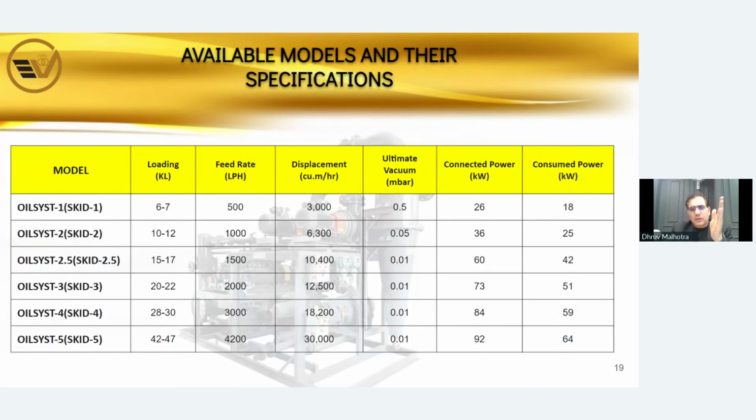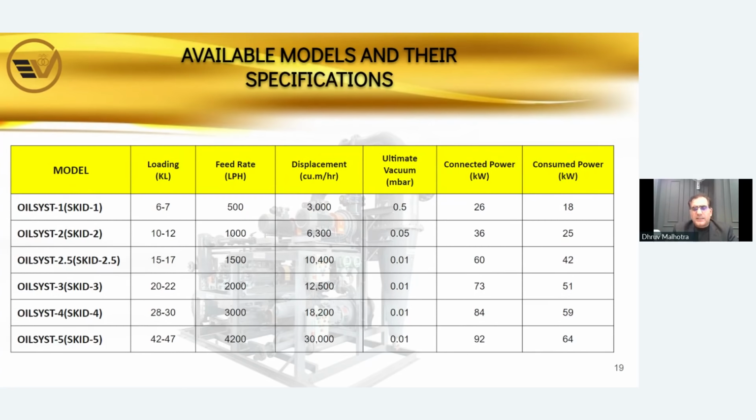The first column is for the fixed loading, that is the batch process, in kiloliters per batch, and the second column depicts the loading for a continuous process, which is either a wide film or a falling film, in liters per hour, the feed rate that we recommend or propose.